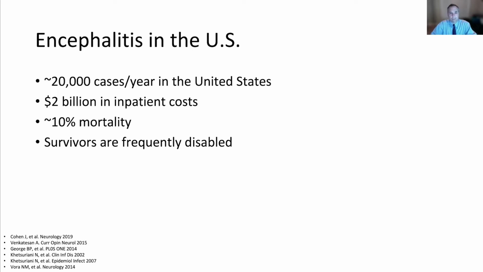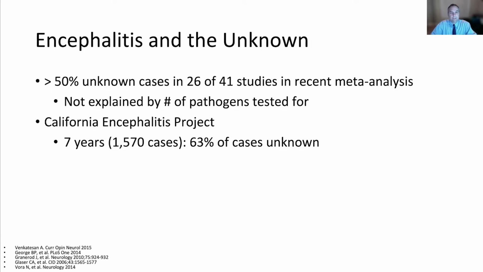One of the biggest challenges of managing patients with encephalitis is frequently not knowing what the underlying disease is. Depending on the study, both in the developing world and in the developed world, about 50% of patients have an unknown cause to their encephalitis, with the two most common categories of causes being infectious and autoimmune.